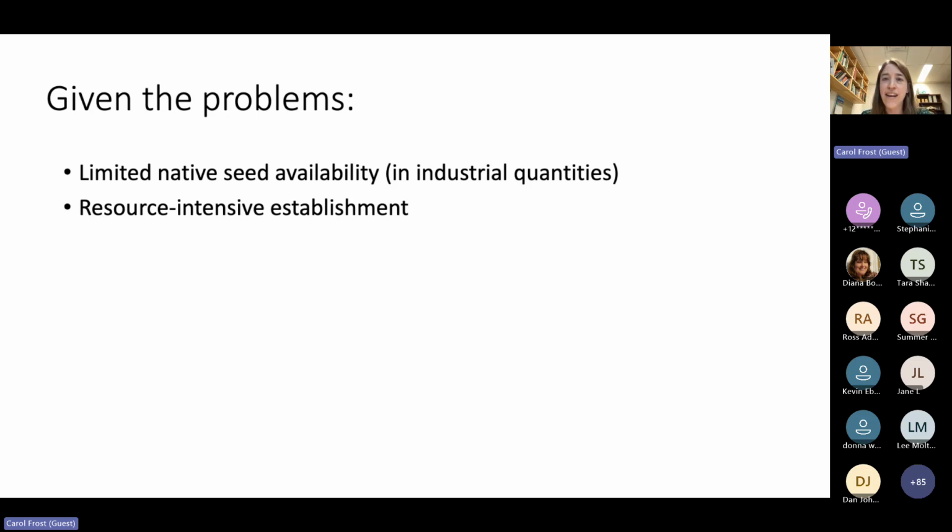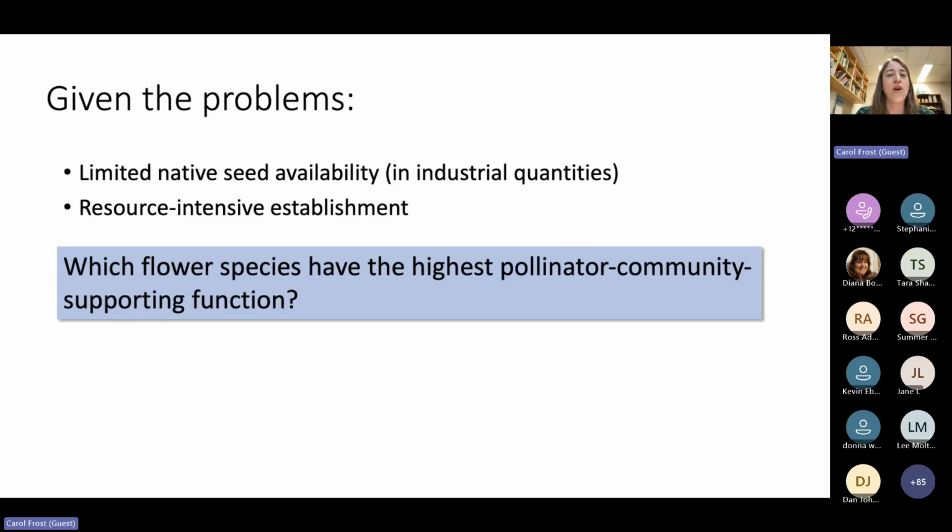So given these problems, limited native seed availability, at least in industrial quantities, and how resource intensive it is to get native forbs to establish, especially over large land bases, I wanted to know which flower species have the highest pollinator community supporting function. Because if we're going to invest all these resources in commercially developing native flower seed, and then all the resources in getting it to establish, we might as well be as strategic as possible in selecting forbs that are going to have the best possible pollinator supporting function.